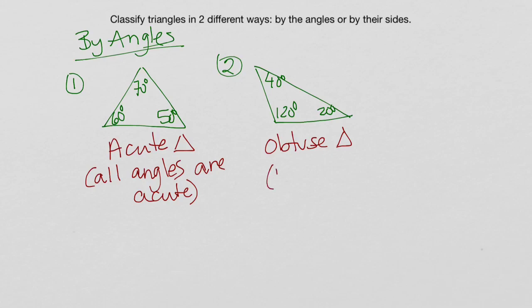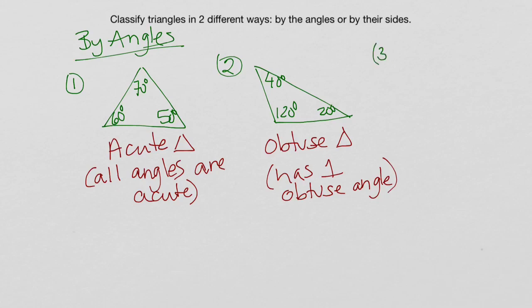So this has one obtuse angle. Think about why it could not have more than one obtuse angle. The sum of the three angles has to be 180. So if you had two obtuse angles, the sum of just two angles would already be more than 180. So it can have at most one obtuse angle.